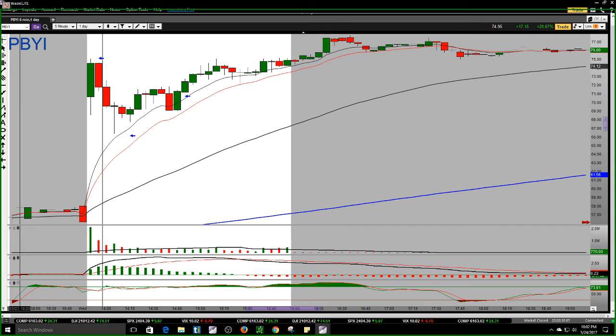But as far as trusting your fibs, you've got to learn to do that, because they will really change the way that you see a lot of charts. They'll help you to expand on understanding the parameters of your trades, the entries that you want to seek out, the exits that you're looking for.